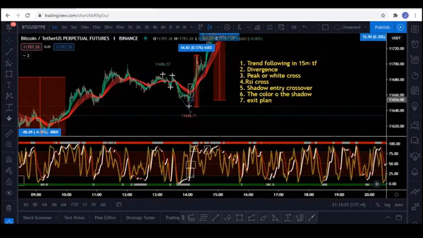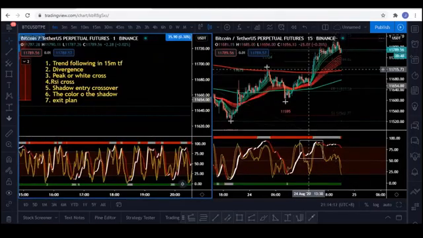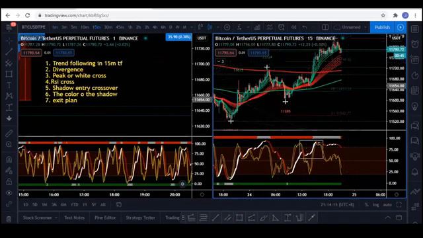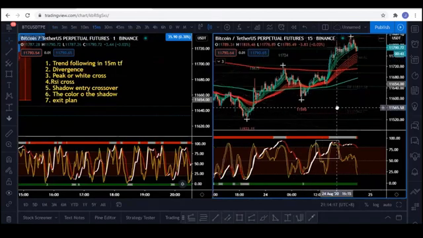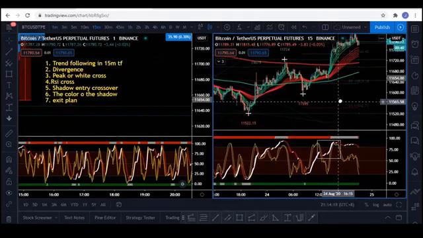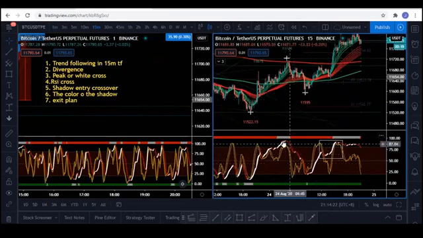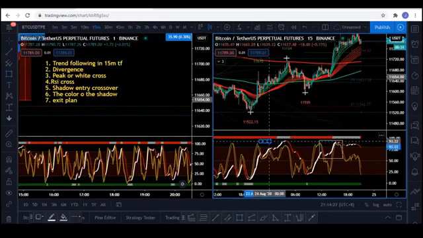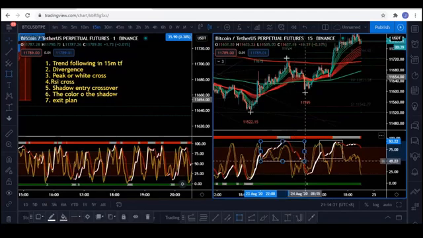Wait, what about bearish? How will you know if the trend in 15 minutes is already changing? Okay, let's see our 15 minutes time frame. For example, in this scenario, we always check the 15 minutes direction of our shadow.